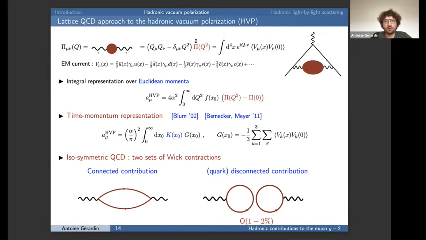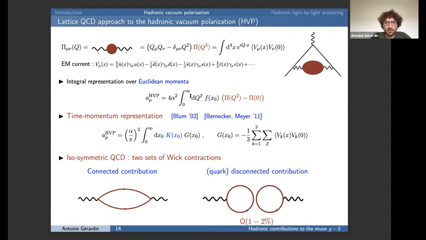And this single scalar function can then be computed on the lattice from this vector 2-point function projected on a given momentum Q. And then we just have to integrate this subtracted vacuum polarization function times this F, which is again a QED kernel that is known analytically.